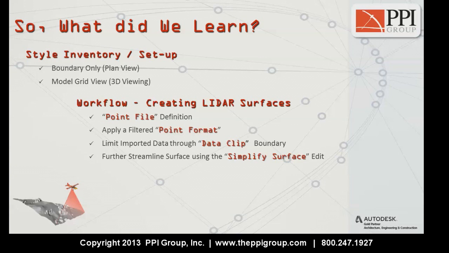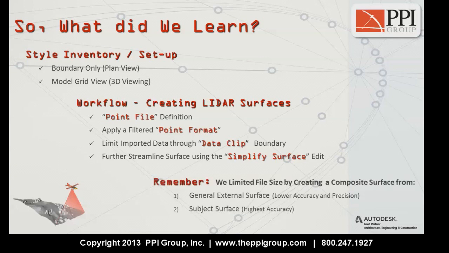Then we added that data clip to trim out a new extreme border, and then we simplified that surface. And that last one is optional. You may or may not do that. Then we created a subject surface, and we combined those two together into one. And that's where I was saying, kick that information out and share it however you wanted to.